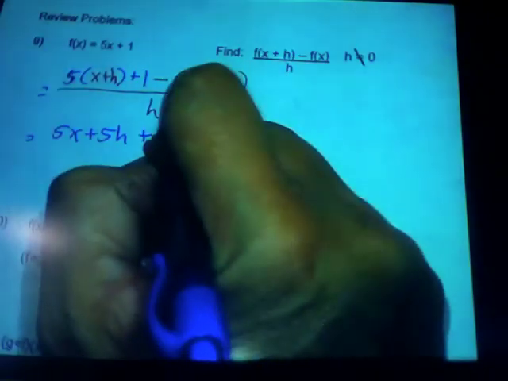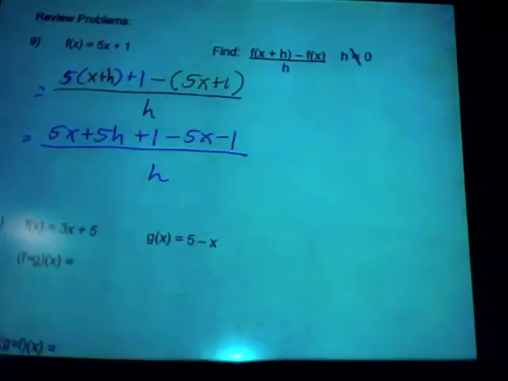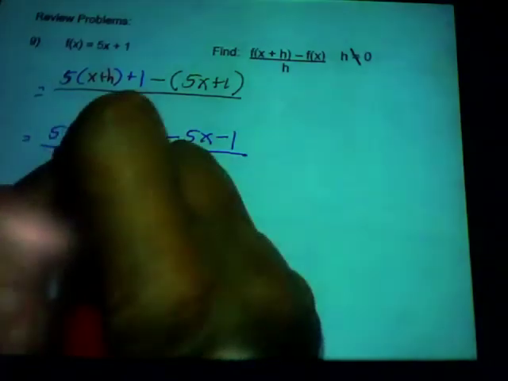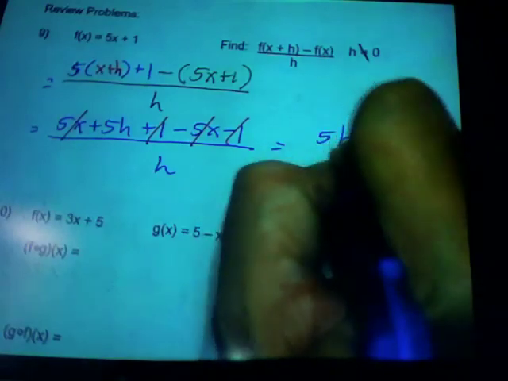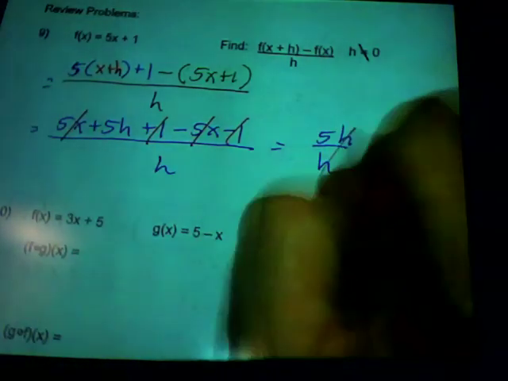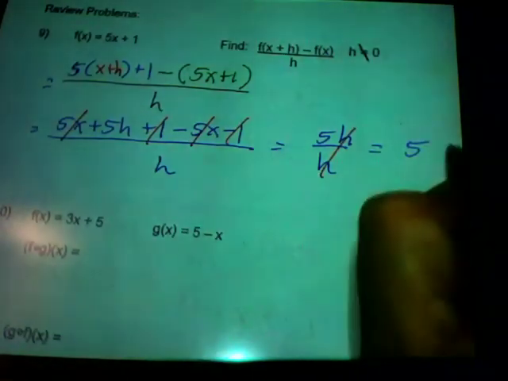Distribute your 5. Distribute the negative. Start canceling out things that can cancel. 5x and negative 5x. Positive 1 and negative 1. That leaves me with 5h over h. Don't the h's cancel? And I was so proud to see not only this is your answer, but what else?